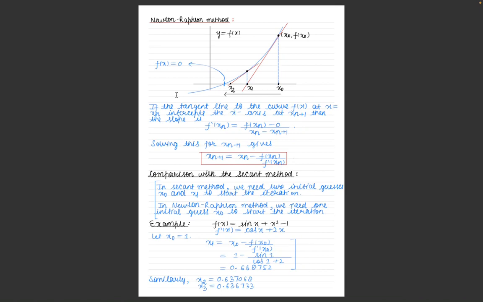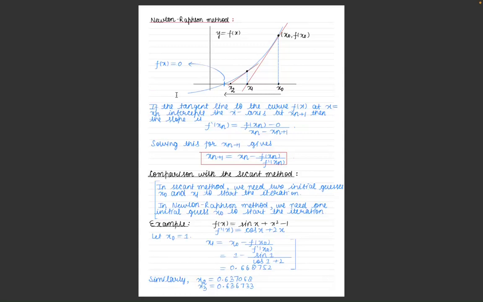This is the same example that we had for the secant method, and we choose our initial guess to be 1. Then our first iteration x1 will be x naught minus f of x naught by f prime x naught. So we need f prime x as well. Let us calculate it. It will be cos x plus 2x.